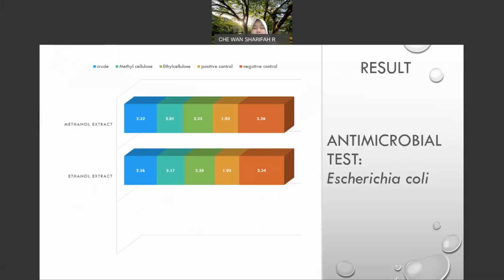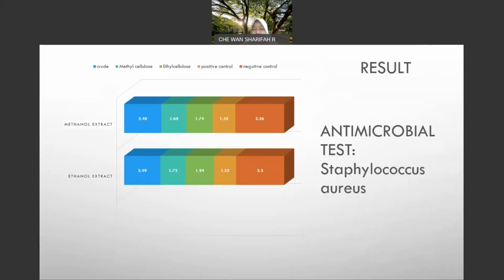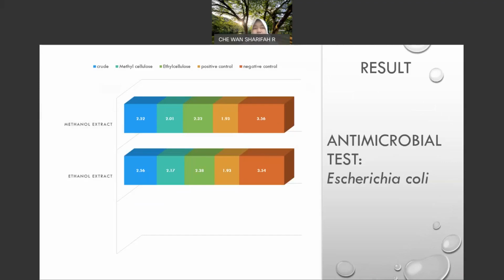Okay, for the antimicrobial test, especially for E. coli and also Staphylococcus aureus, we use a concentration of the extract for the microencapsulation between 6.2 until 6.5 milligram per ml.